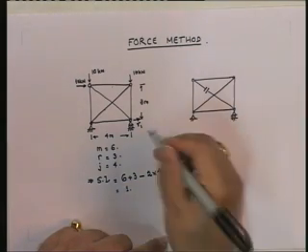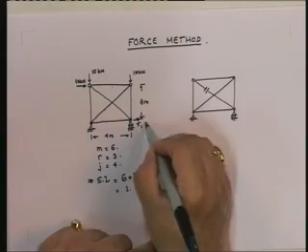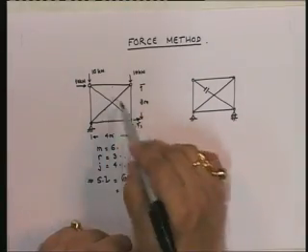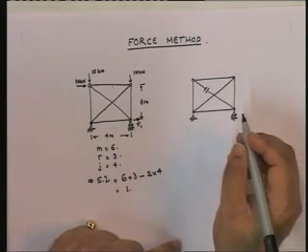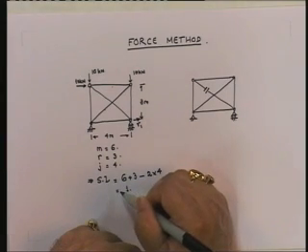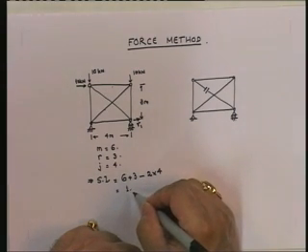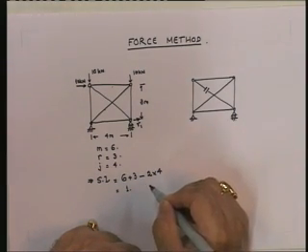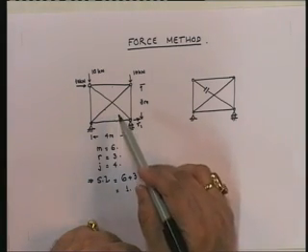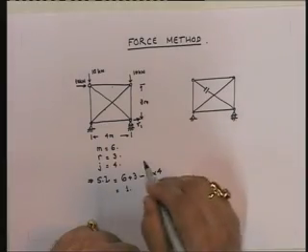Okay. For now, let us forget about finding out this displacement. We will find out this displacement later on. Let us now first find out all the forces in all the members. Now, obviously, since it is a statically indeterminate structure, you cannot find out all the forces in all the members using just the pure equations of equilibrium.